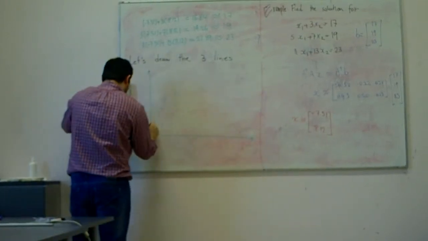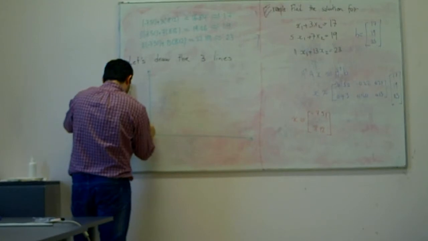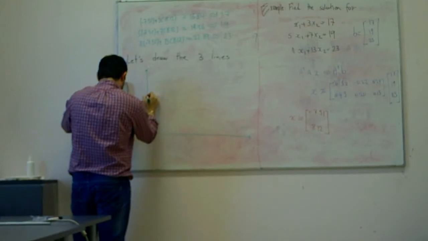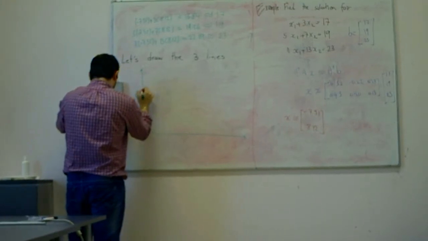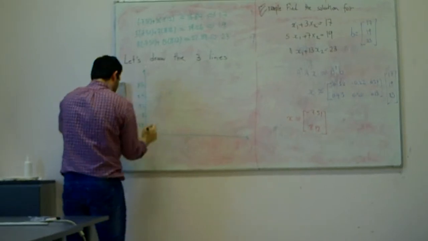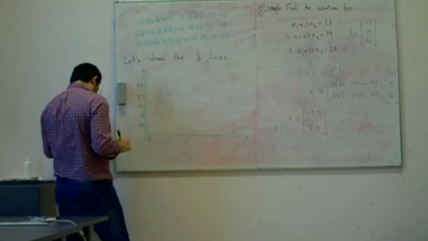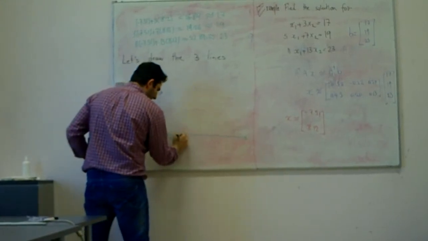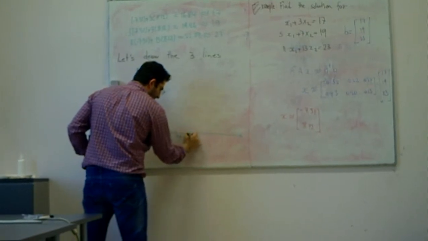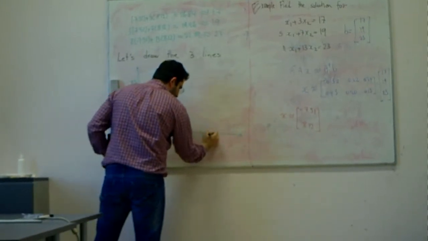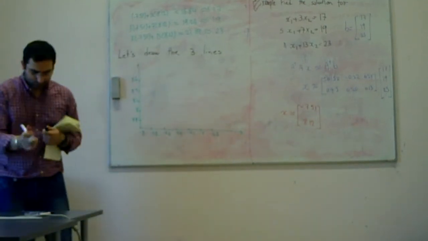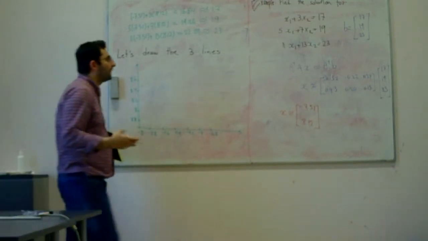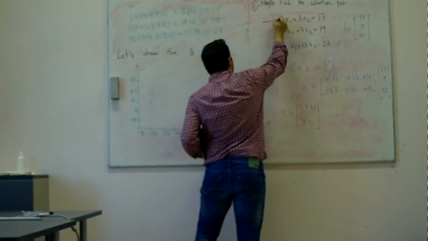This is my x-axis, my y-axis: 8, 8.2, 8.4, 8.6, and here my x-axis is minus 8, minus 7.8, minus 7.6, minus 7.4, minus 7.2, minus 7, minus 6.8. Now the first equation, with blue.